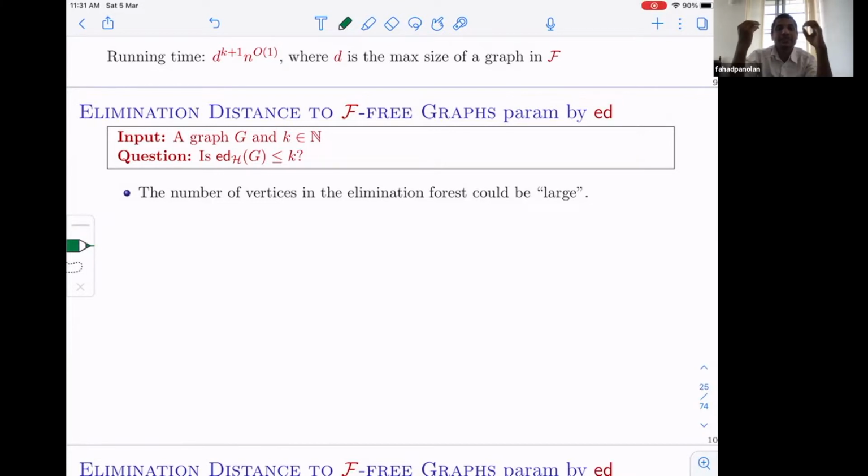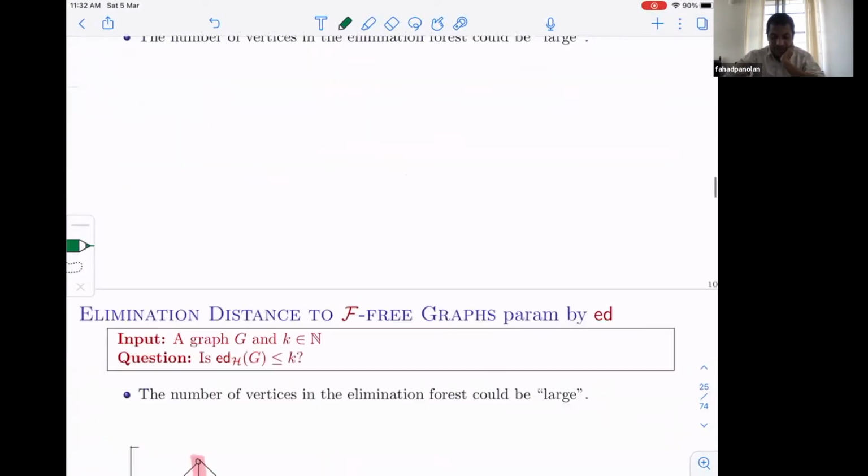The bounded thing is the depth of the elimination forest, and there is no guarantee on the number of vertices in the elimination forest. It could be large. Okay. So that is one of the obstacles to design a branching algorithm, or for that matter any algorithm, we see that this elimination forest is too large.